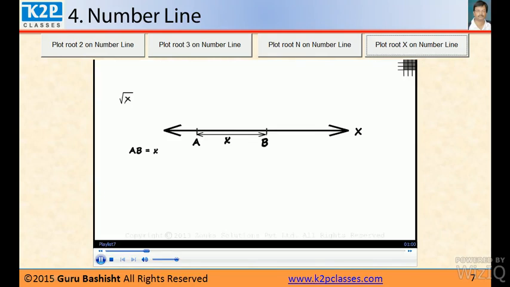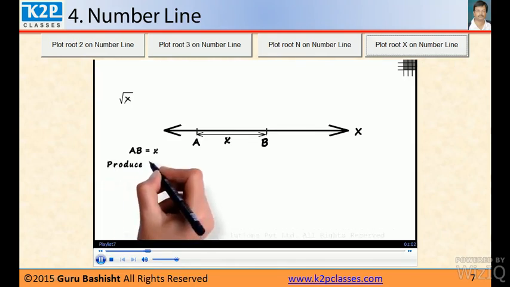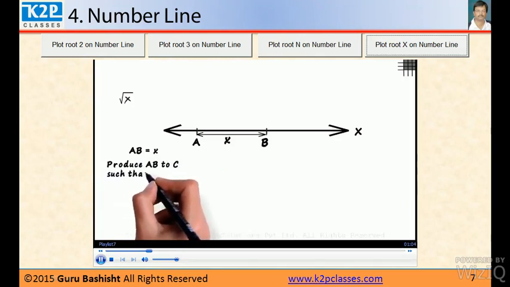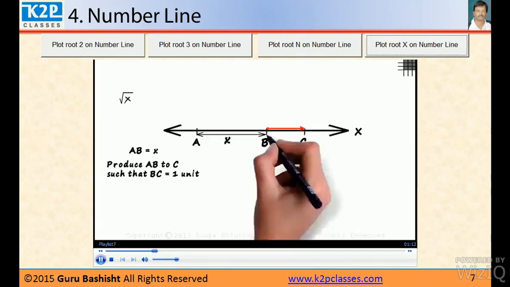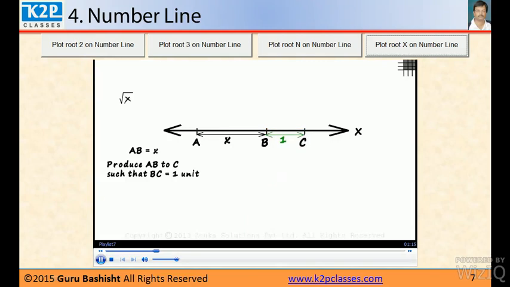Here's the first step. We produce AB to C such that BC is 1 unit. We just have to extend AB in this direction by 1 unit. So we mark point C here such that this length is 1 unit. This length is x units and this length is 1 unit.